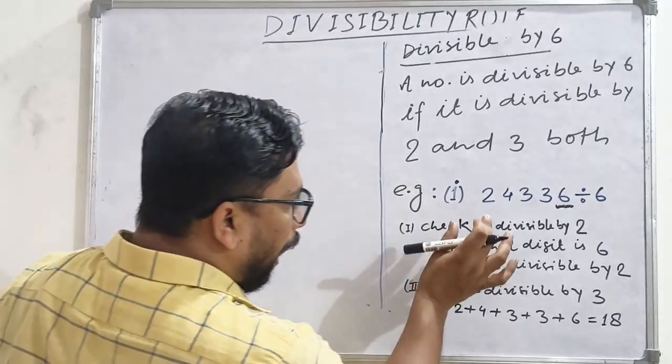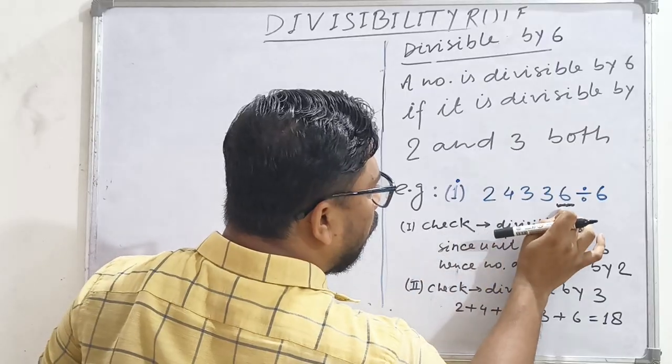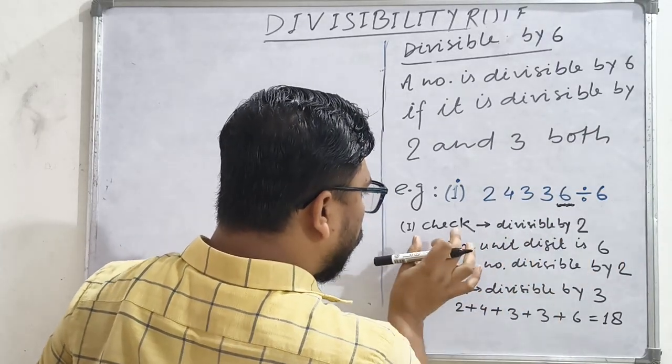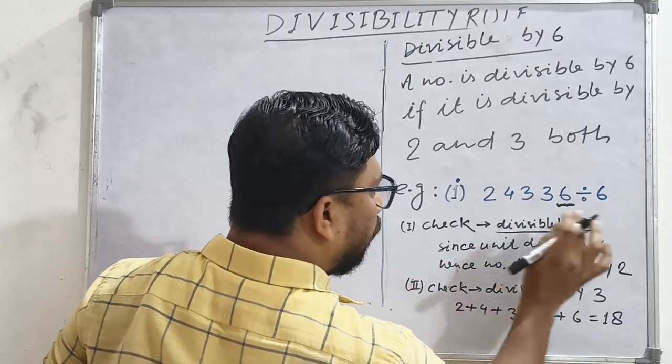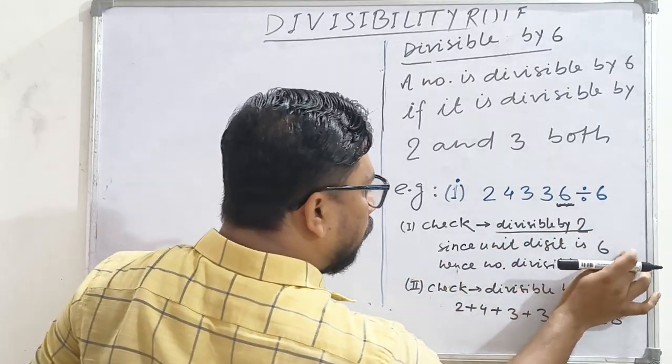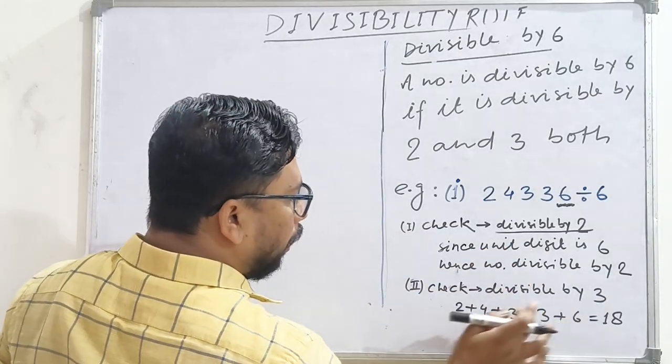Okay, I have already checked whether this number 24336 is divisible by 6 or not. First, I checked divisibility by 2. Since the unit digit is 6, the number is divisible by 2. Check divisible by 3.